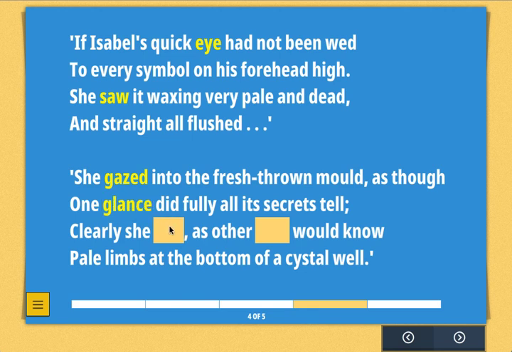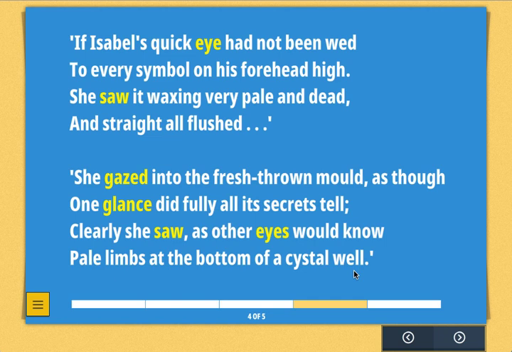So as she digs through the earth, she can see, and everything that's happened is revealed to her as she sees the body and the remains of Lorenzo. Clearly she saw, as other eyes would know, pale limbs at the bottom of a crystal well. So she sees, as other eyes, a brother's eyes perhaps, would know, they already know what's happened to Lorenzo.